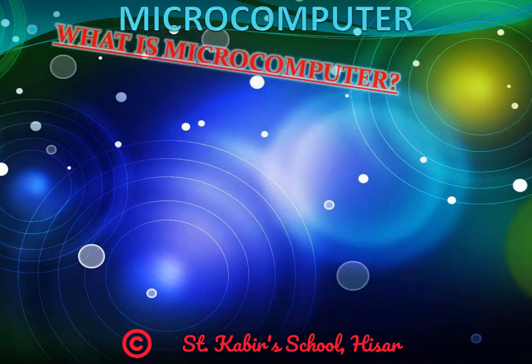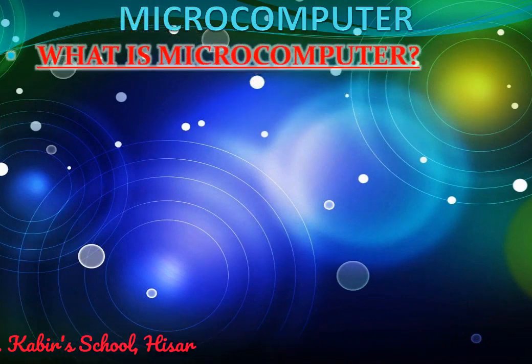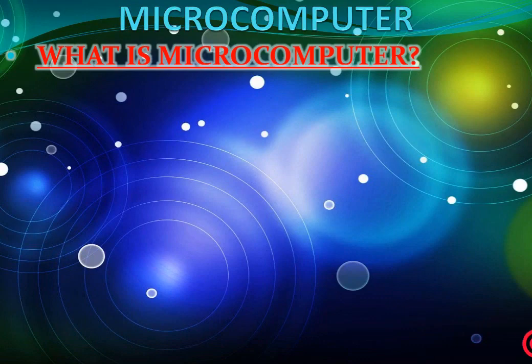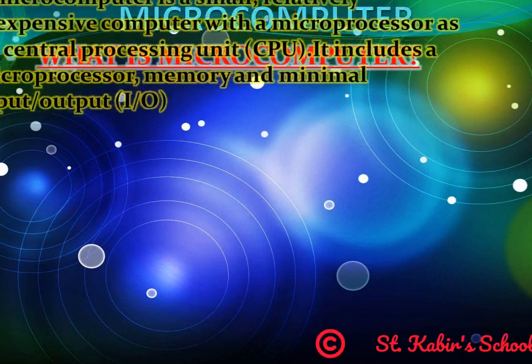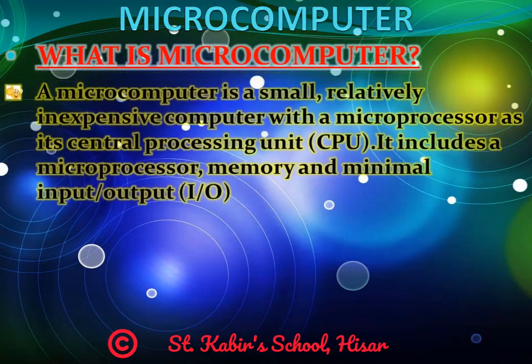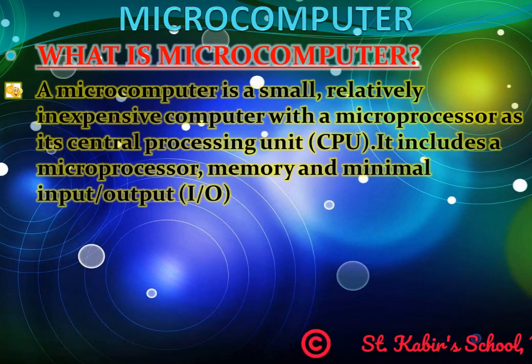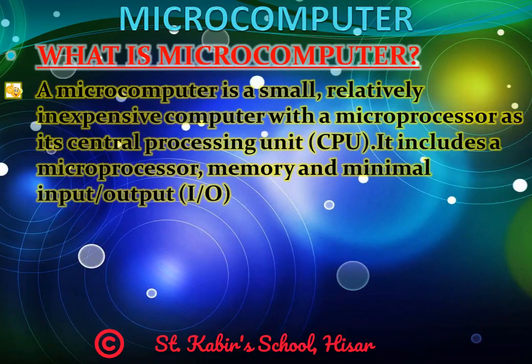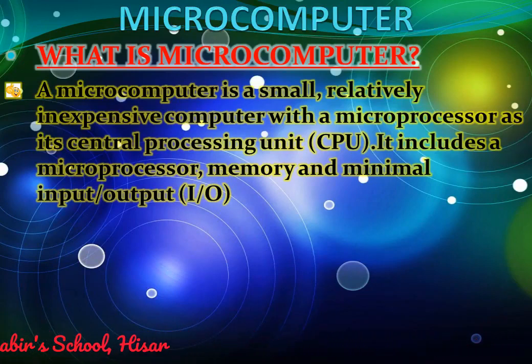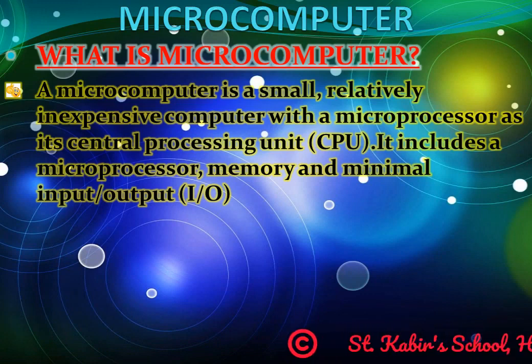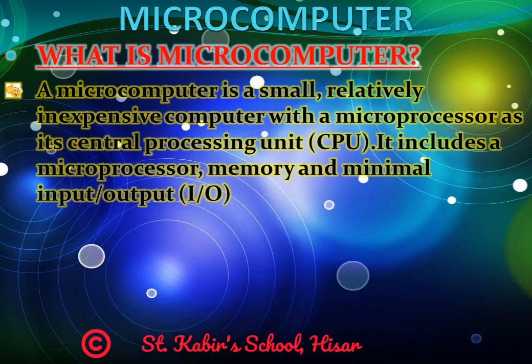Now what is microcomputer? Basically microcomputer is used for our personal use. A microcomputer is a small, relatively inexpensive computer with a microprocessor as its central processing unit, that is CPU. It includes a microprocessor, memory and minimal input and output devices.